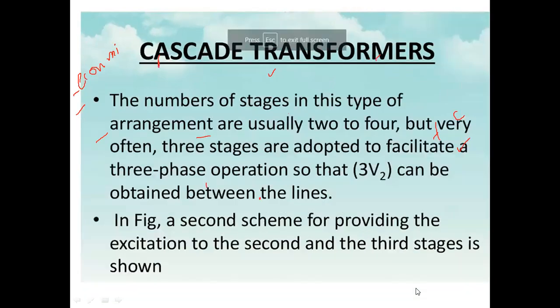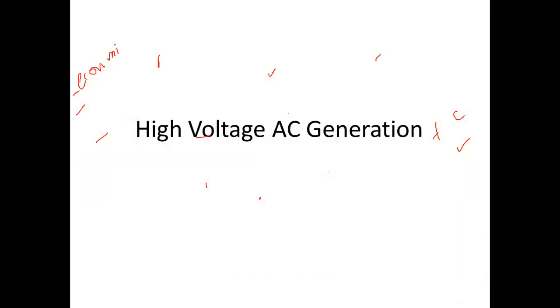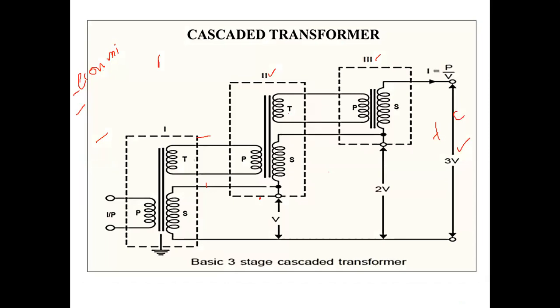I have already told you that these are called cascaded transformers because they are connected in series. For example, this is unit 1, this is unit 2, and this is unit 3. These are connected this way, so they are called cascaded units.